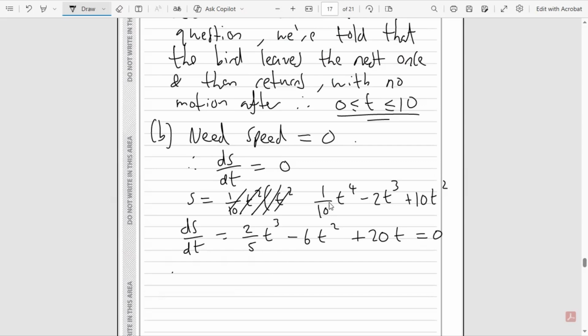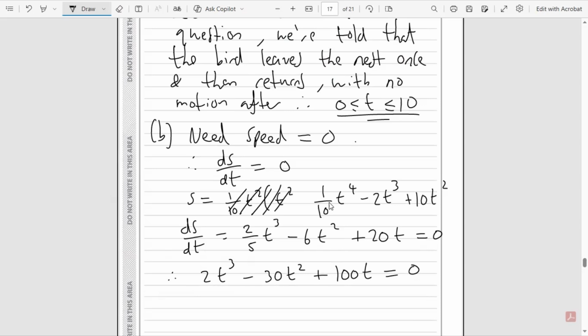Now, we can factorize out a t, of course. But actually, before I do that, I'm going to multiply everything by 5, because that will get rid of the fraction in front of the t cubed, since we've got a coefficient of 2 over 5 for the t cubed term. So times by 5 everywhere, this gives us 2t cubed minus 30t squared plus 100t equal to 0.